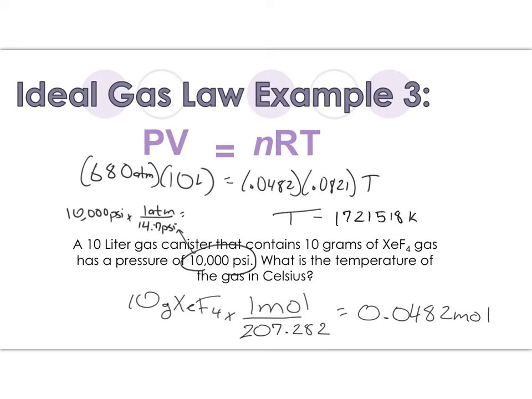All right, so the problem is asking what the temperature is going to be in Celsius. So once you have your answer in Kelvin, all you need to do is subtract 273 to change your answer to Celsius. And you'll get an answer that looks like this huge number.